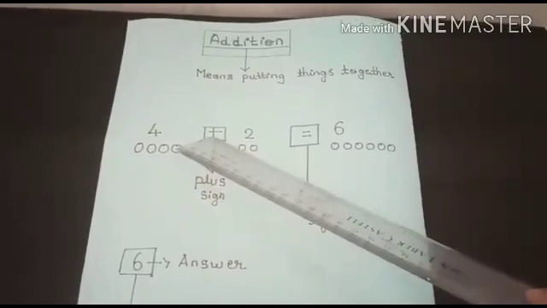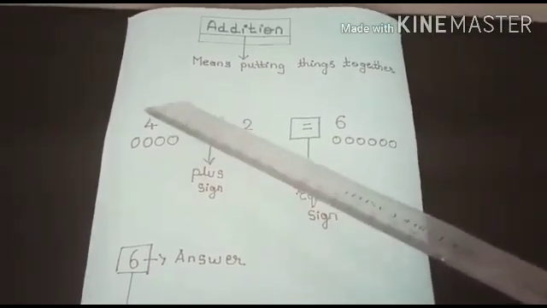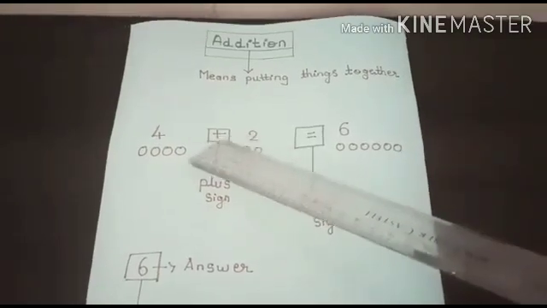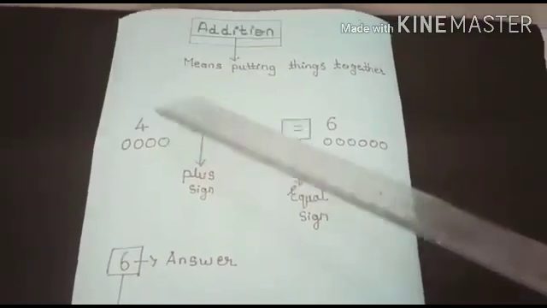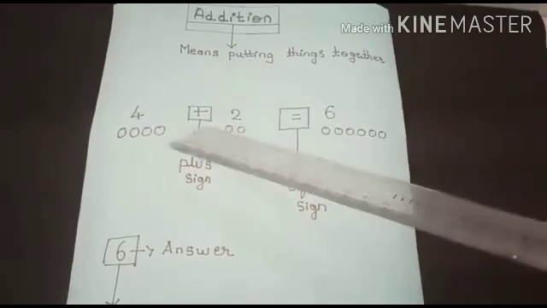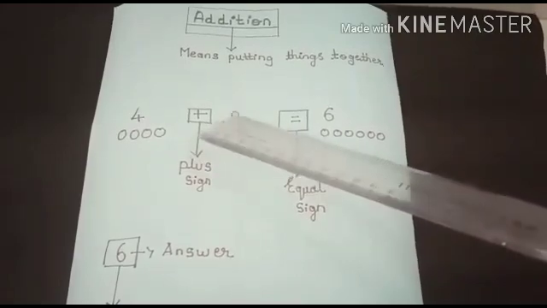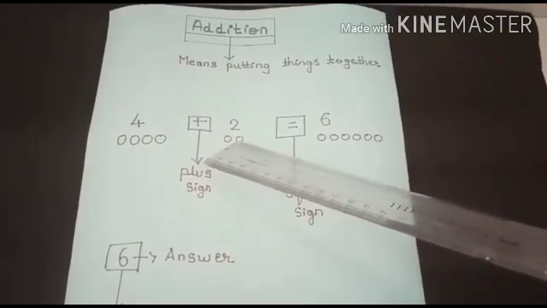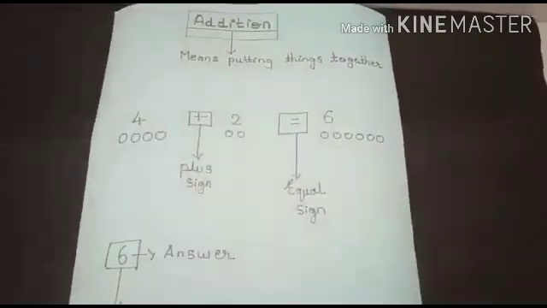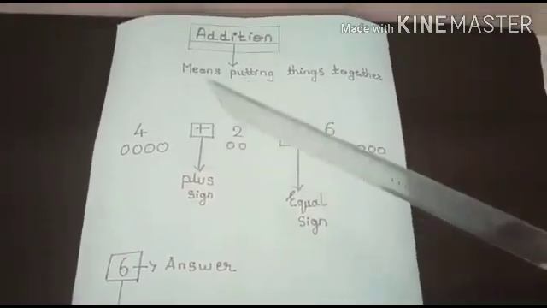Whenever we are performing any addition operation, we use the plus sign. What is the other number? 2. And how many circles are there? 1 and 2. So, what if we add 4 plus 2?